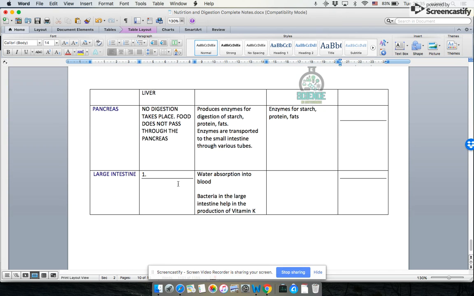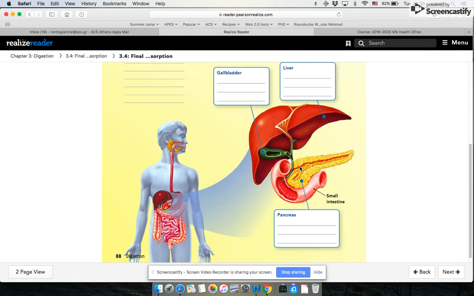Now, if we continue a little bit, we have the pancreas, which is another organ where no digestion takes place. Food does not pass through the pancreas. However, the pancreas does produce a number of different enzymes that help in the digestion of carbohydrates, proteins, and fats. The enzymes are transported to the small intestine through small tubes, similar to what we saw with the gallbladder.